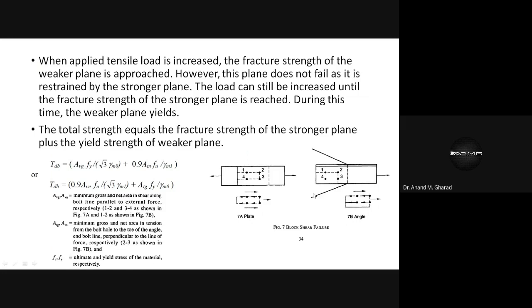The load can still be increased until the fracture strength of the stronger plane is reached. During this time, the weaker plane yields. So two terms have been added here: one is the strong plane and one is the weak plane. Now let us try to understand what is this weak plane and strong plane.